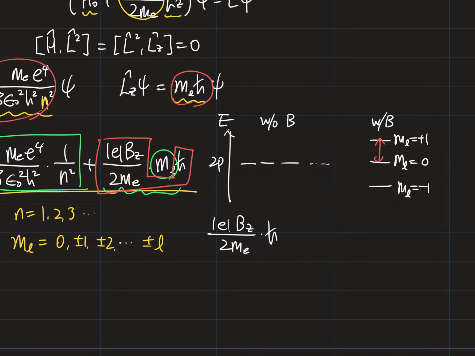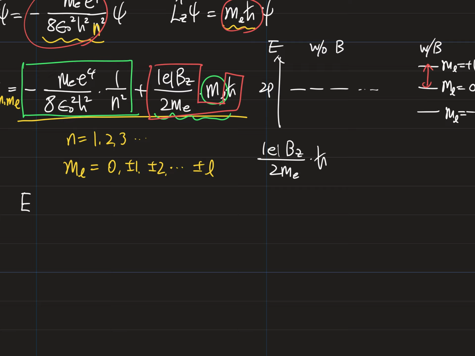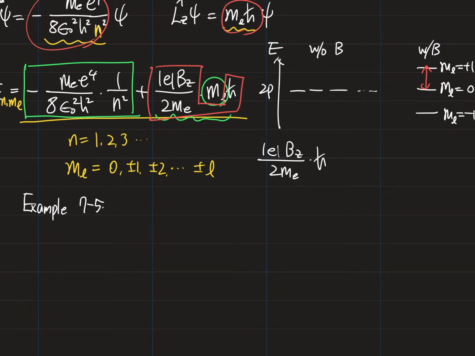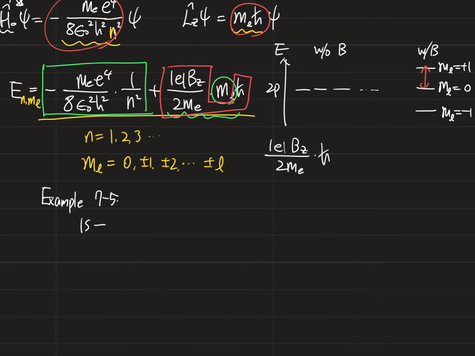So example 7-5: actually calculate the energy difference between the 1s orbital and the 2p orbital, and between 2p0 and 2p plus 1.